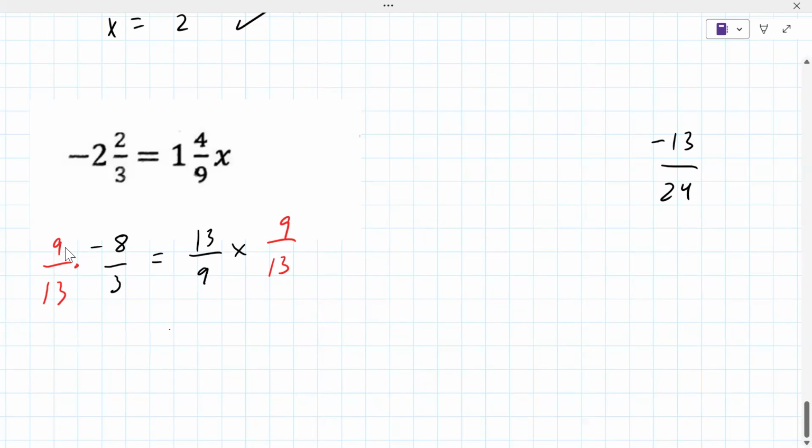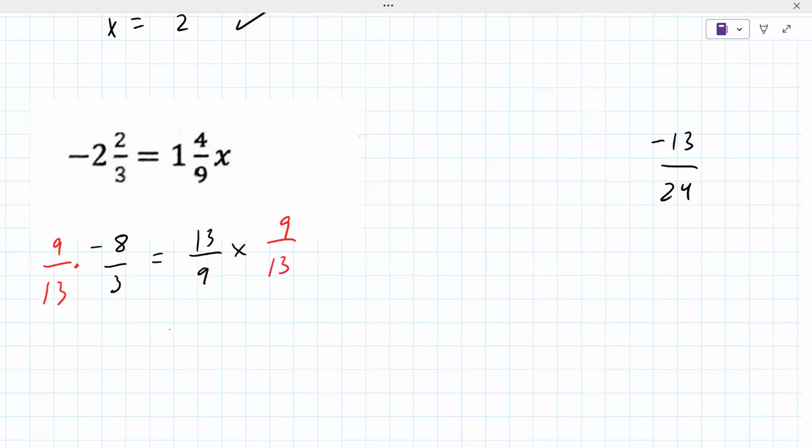I multiplied 13... Wait, yeah. Looks like you have the flip of the answer. Okay, yeah, so I multiplied 13/9 by -3/8.